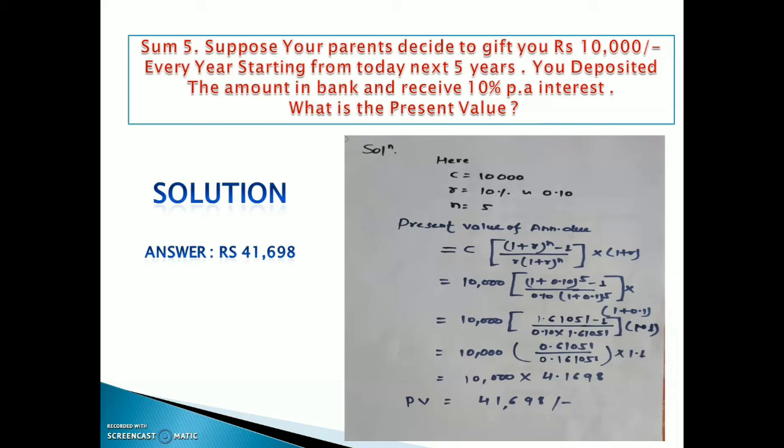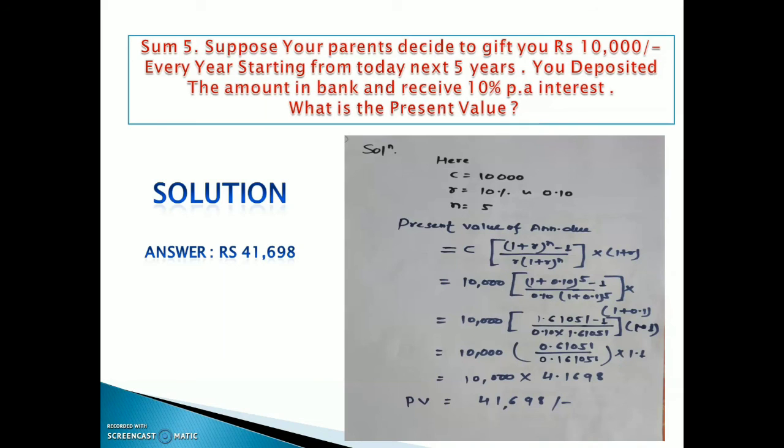So here it is clearly mentioned: what is the present value? That means we have to find the present value. Now we have to find out whether this problem is related to ordinary annuity or annuity due. Pay attention to the words: your parents decide to gift you rupees 10,000 every year starting from today.